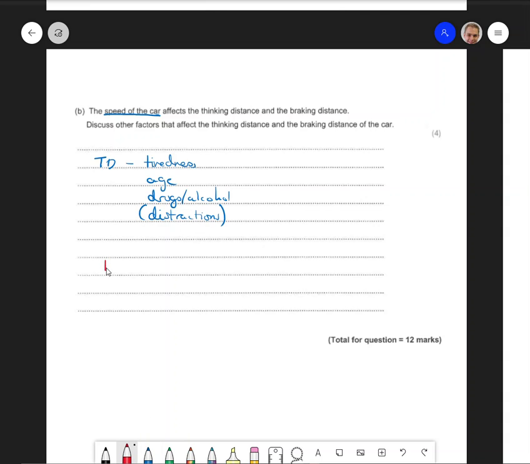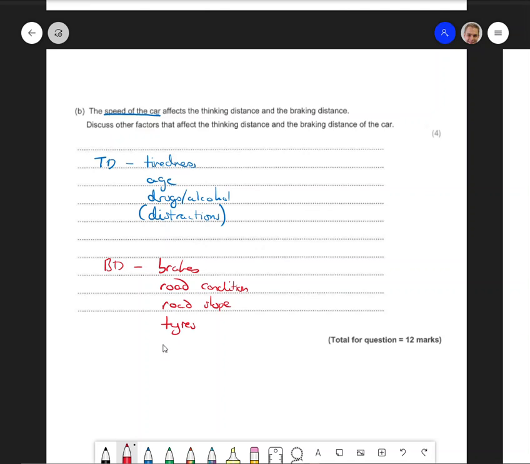And then we've got our braking distance. Well, that's going to be affected by brakes, the road surface, whether it's slippery or wet, so it's the road condition, the road slope, because going up or down is going to be different, and then you've got the tyres.